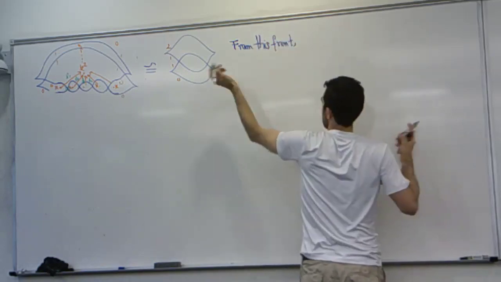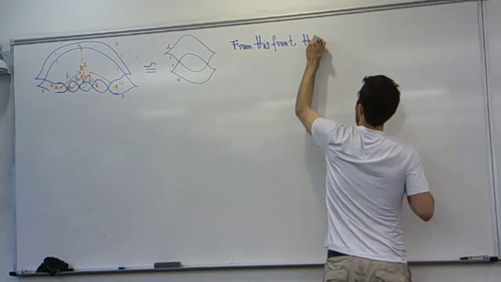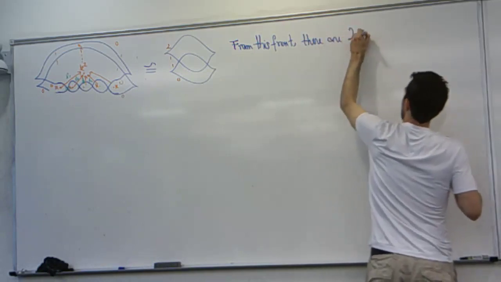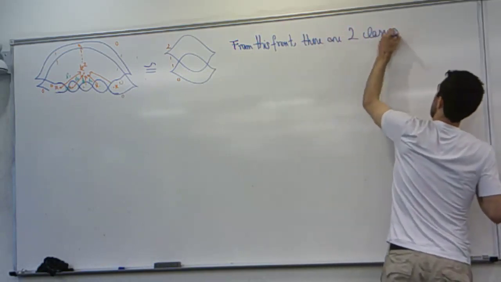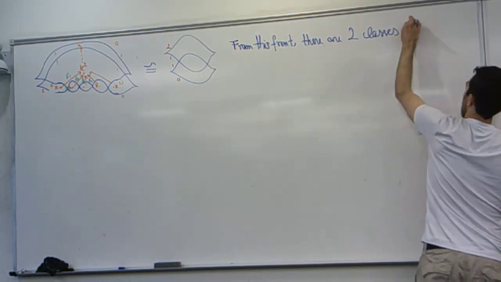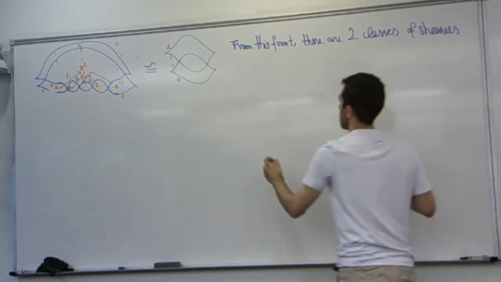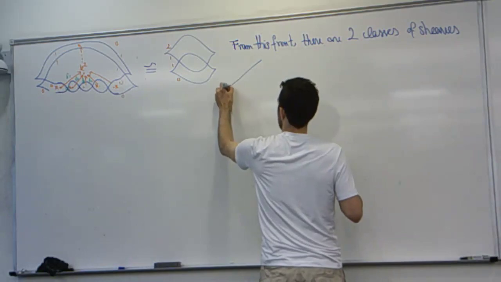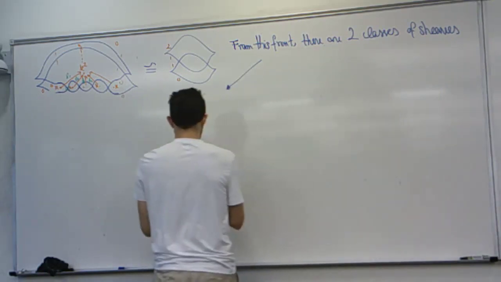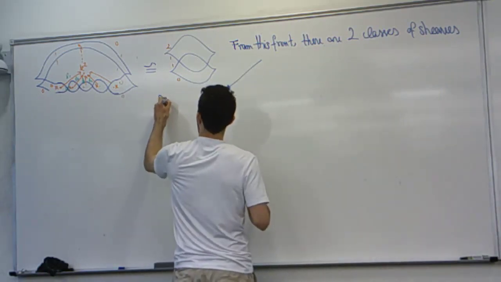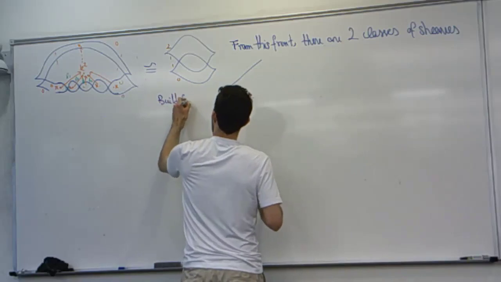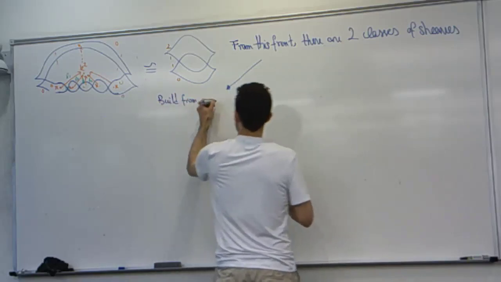there are 2 classes of sheaves. This is a bit arbitrary, artificial, but 2 classes of sheaves. So I'm going to divide them like this. The first type of sheaves are built from the following two.